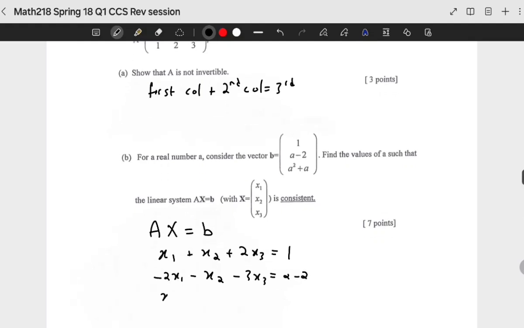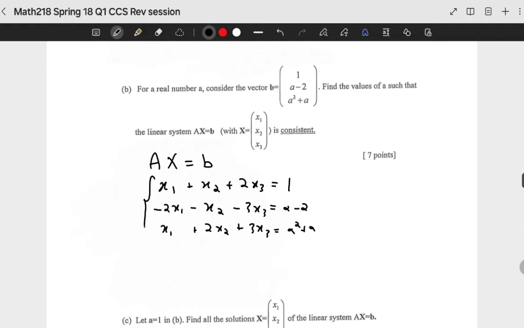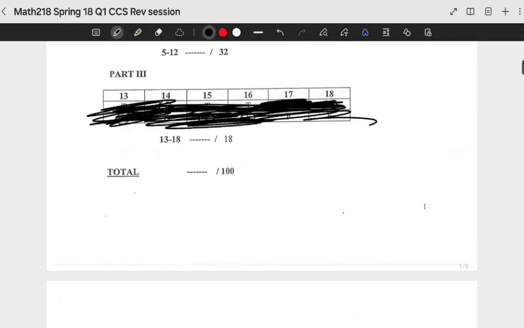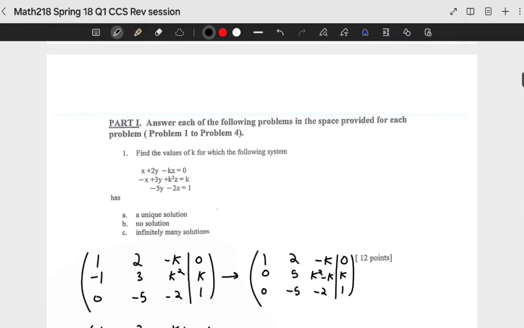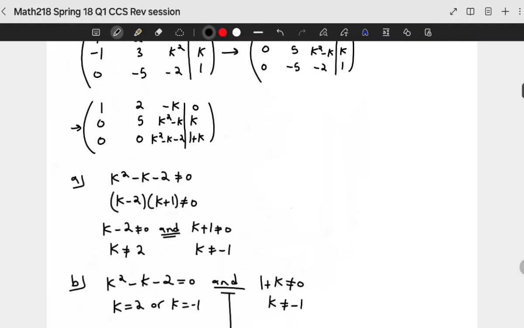And then we have x1 plus 2x2 plus 3x3 equal to A squared plus A. So this is the system, and we're asked to find the values of A for which this system is consistent. And consistent means that it has at least one solution. So this is similar to problem 1, but now we want to satisfy any of these two. So anything that doesn't lead us to no solution.